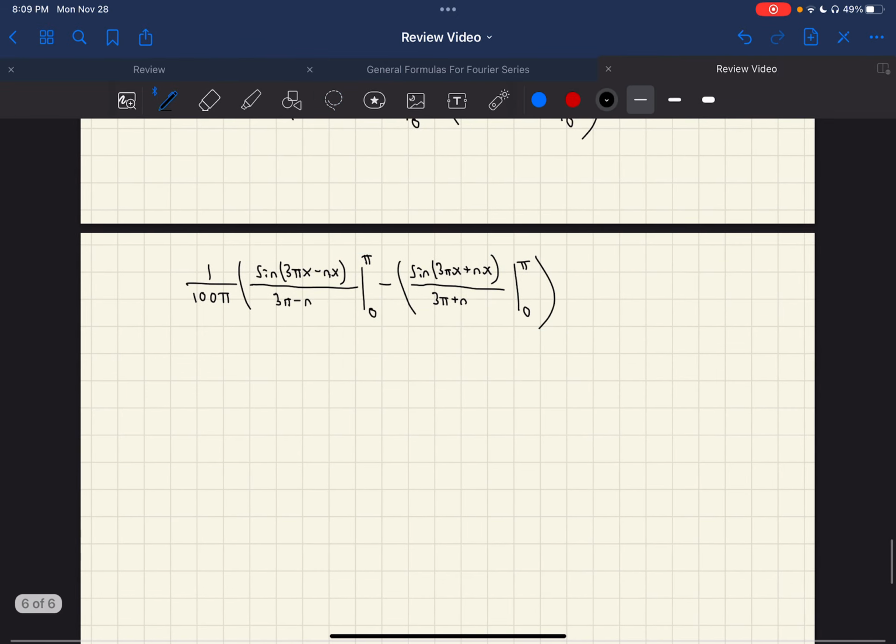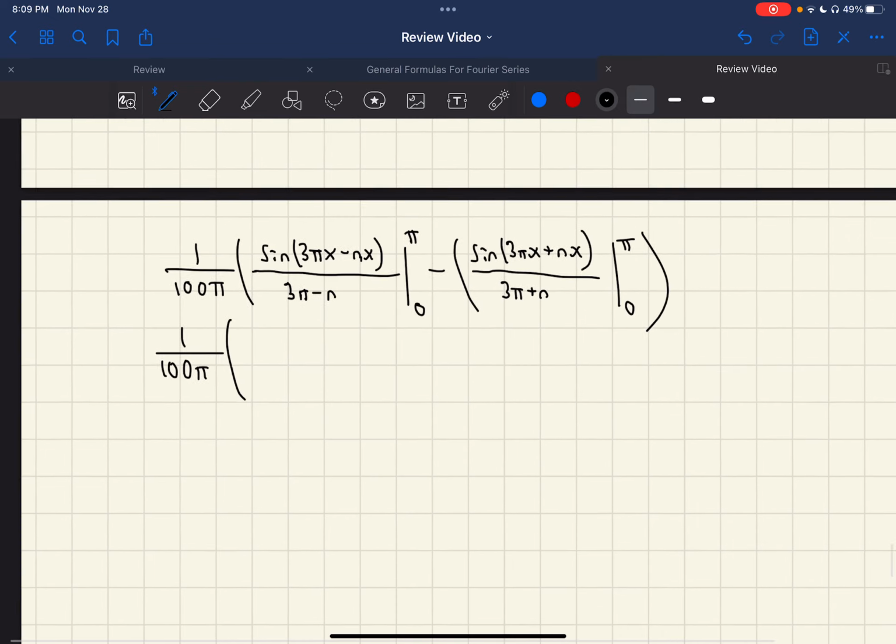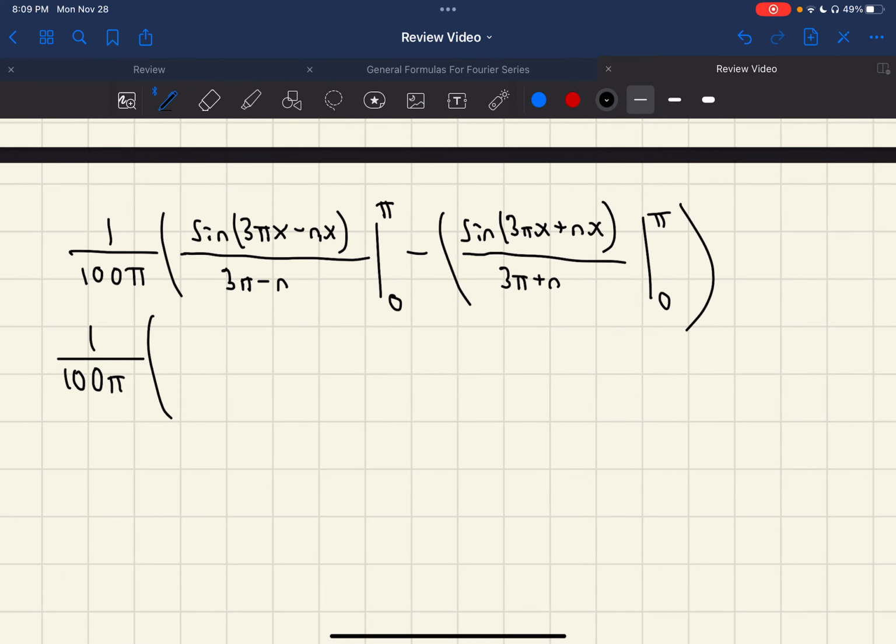So now we just have to plug in our bounds. So 1 over 100 pi. When we plug in, just making sure everything is right.